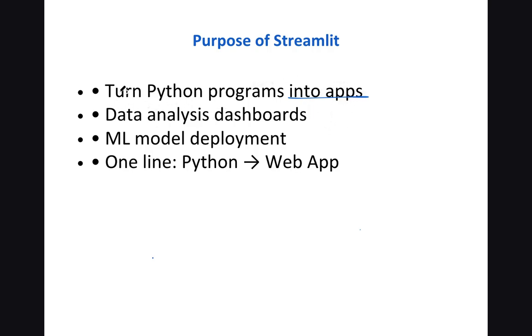But here you just have knowledge of Python, and you will write your code and it will turn into apps. See the last line, just Python turns into web pages. So this is why we are using it, and this is the purpose of Streamlit.